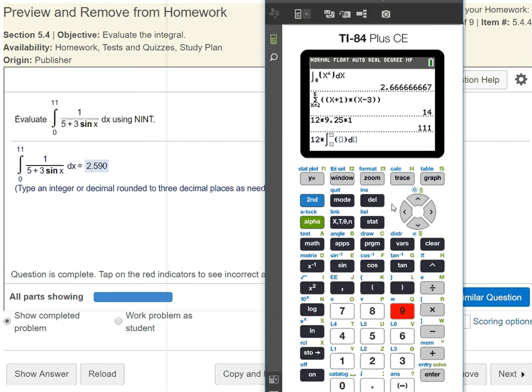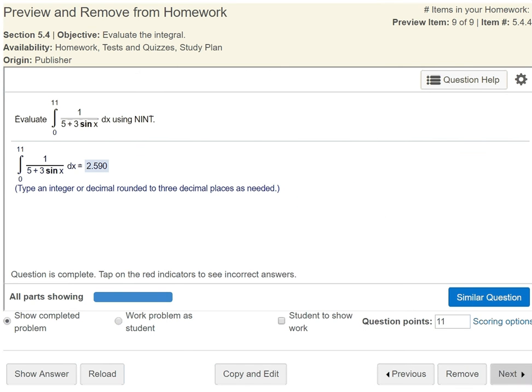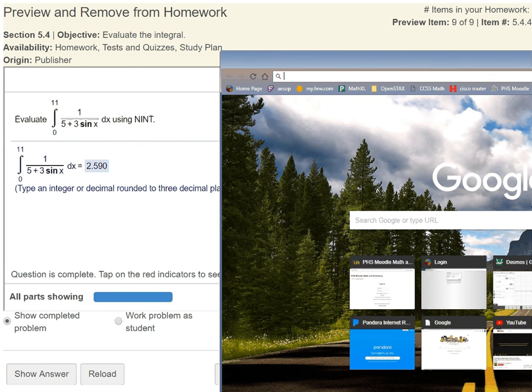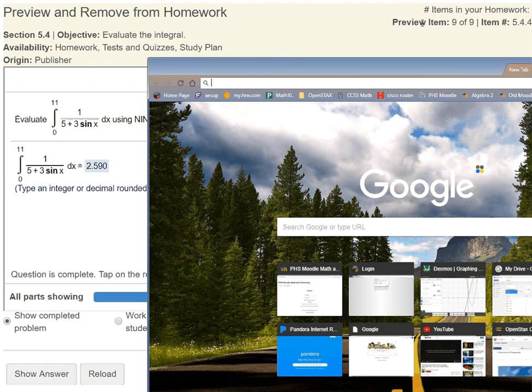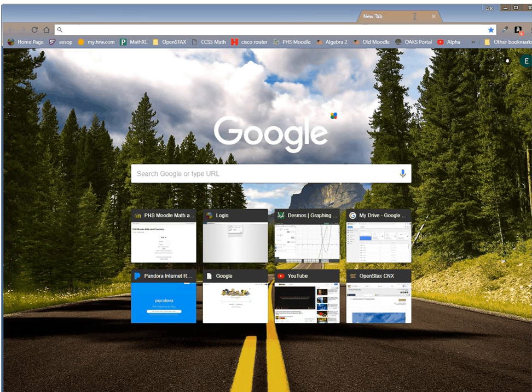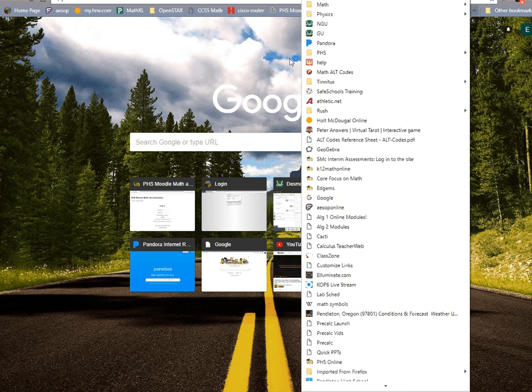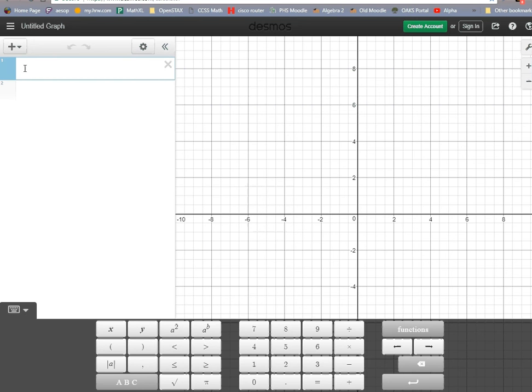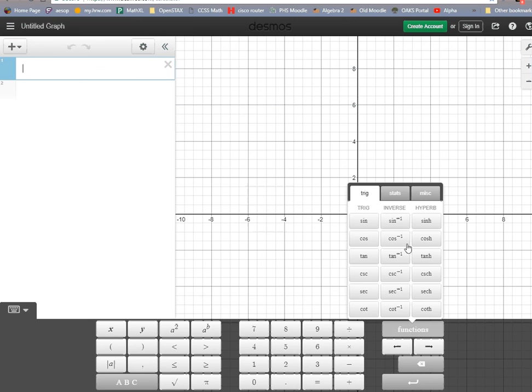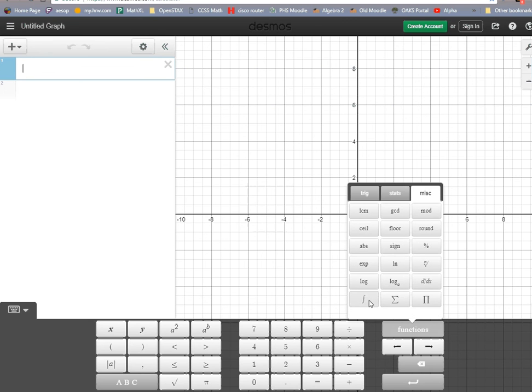Or on Desmos, we could do it on Desmos too, didn't we? Has anybody figured out how to actually have it shade the area in Desmos? I'm not sure how to do that, but in Desmos, if you go down to functions, miscellaneous, there's your integral.